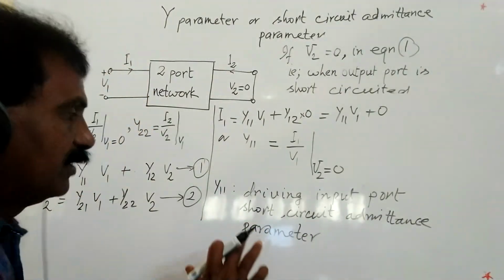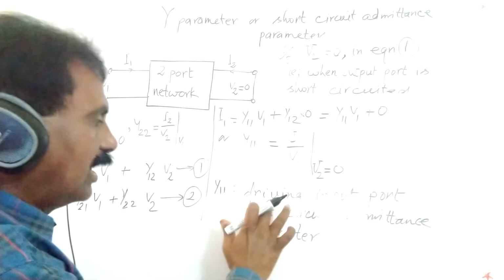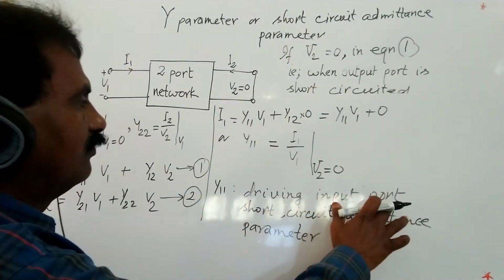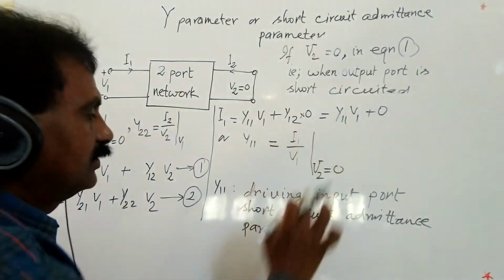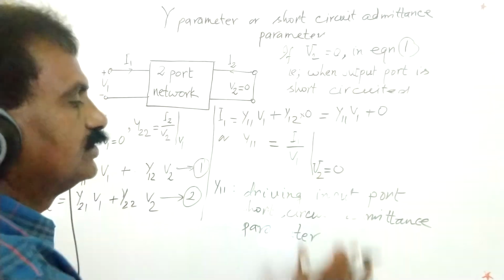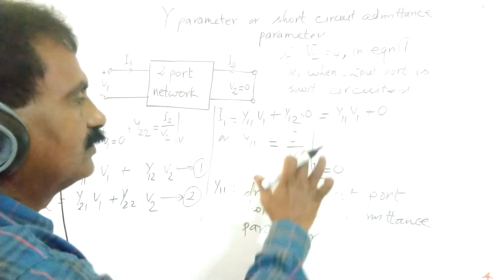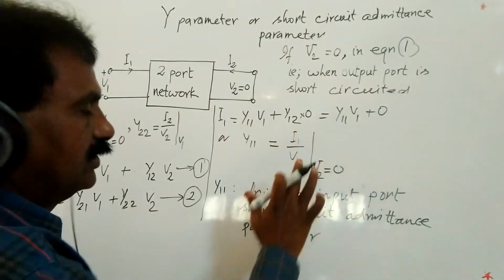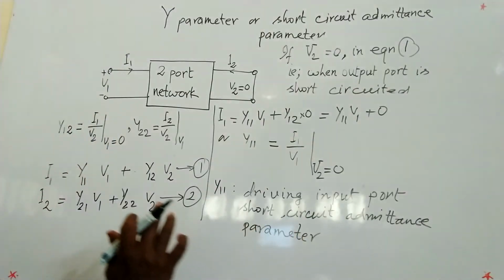What is the full name of y11? Driving input port, ratio of the same port, short circuit by V2 equal to 0, admittance parameter because it is a ratio of I and V. Okay, now it is quite clear to you.